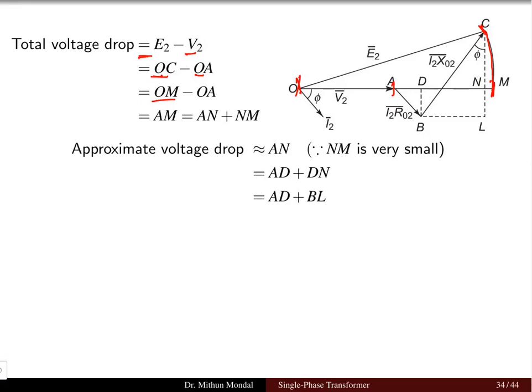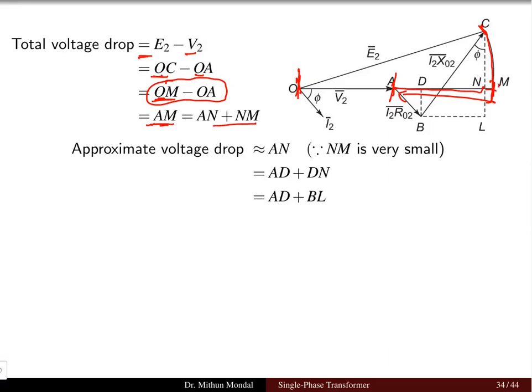When we subtract OM minus OA, we get the value of AM. And this AM is equal to AN plus NM.